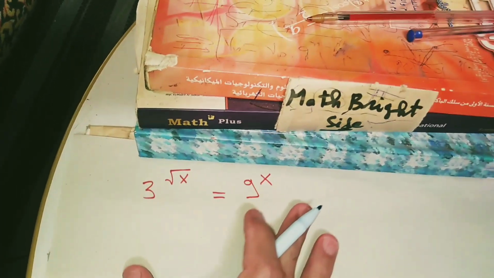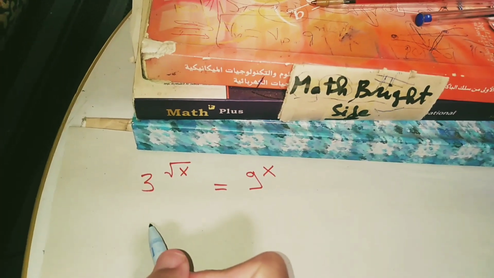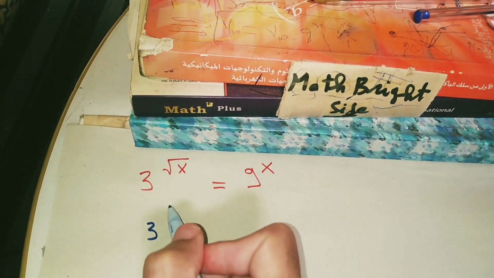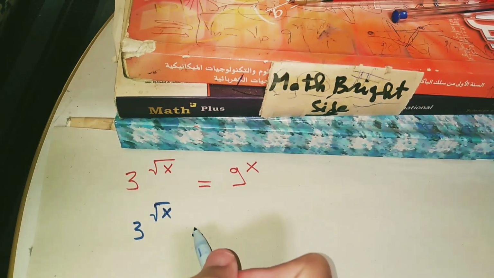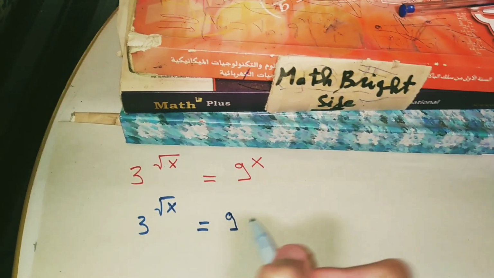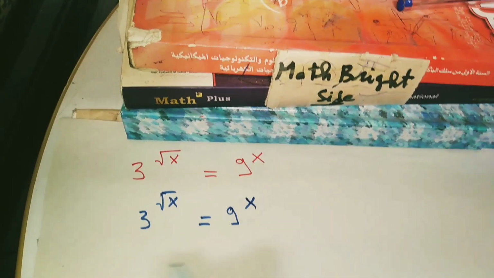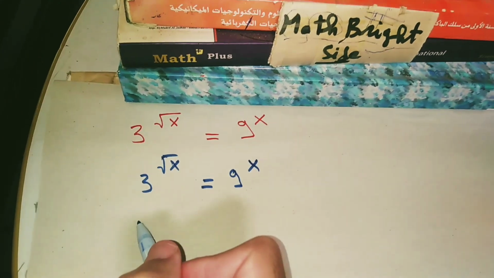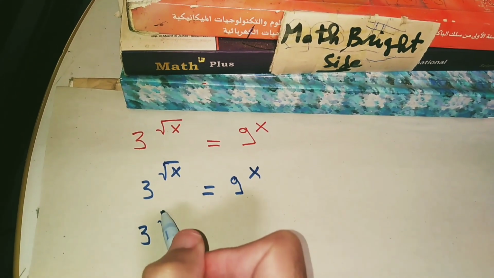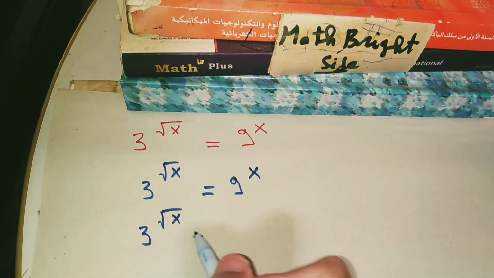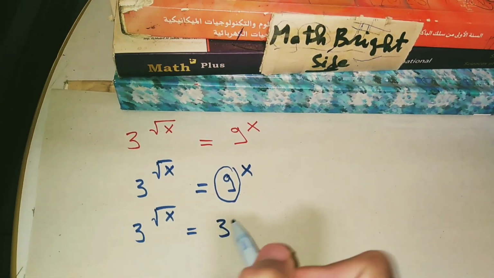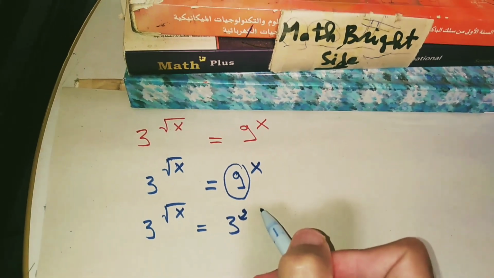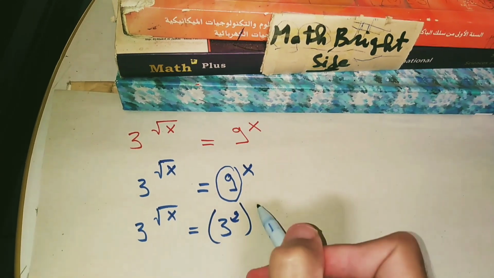Solution. So 3 power square root of x is equal to 9 power x. Next step, 3 power square root of x is equal to, we know that 9 is equal to 3 squared, so 9 power x is 3 squared power x.